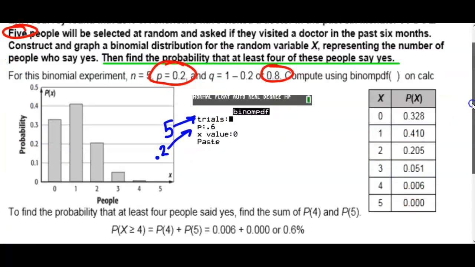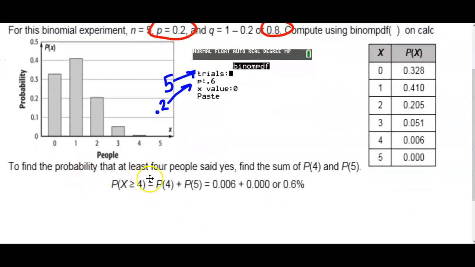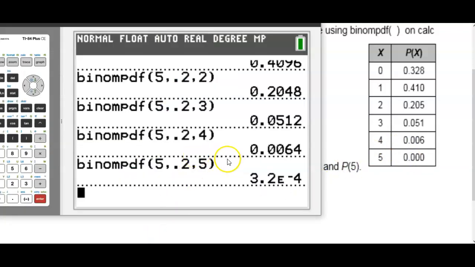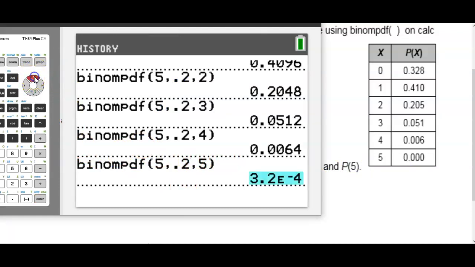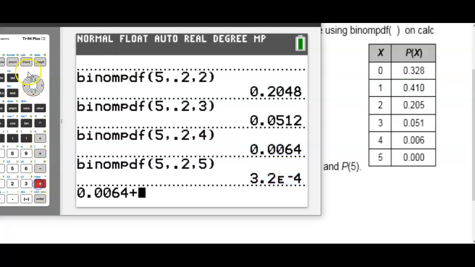Then the question asks, what is the probability that at least 4 people said yes? And I'm not very fond of their answer because they added these 2 rounded decimals and got about 0.6%. If we actually added, at least 4 people said they went to the doctor would be the probability of 4 people going plus the probability of 5 people going.